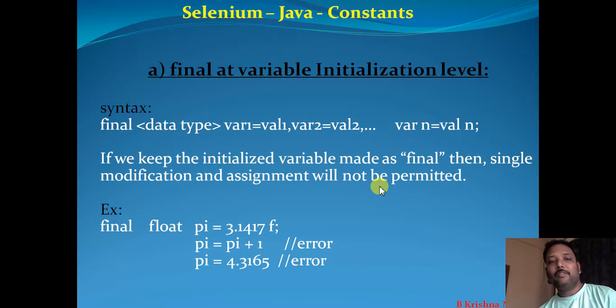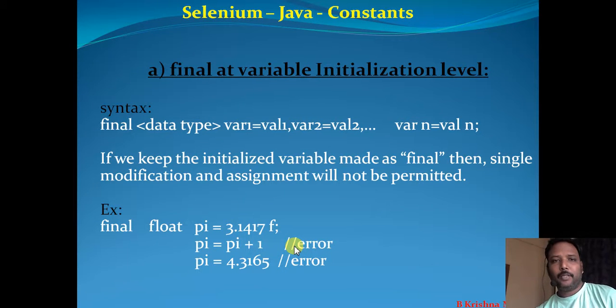This means that if you use the final keyword at the variable initialization level, then after initializing it, modification of the variable cannot be done. That is what constant really means. Once it has been initialized, we can't modify it. We'll see all those things.